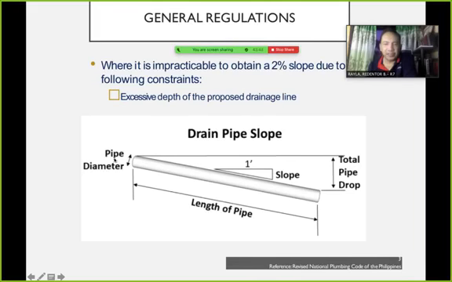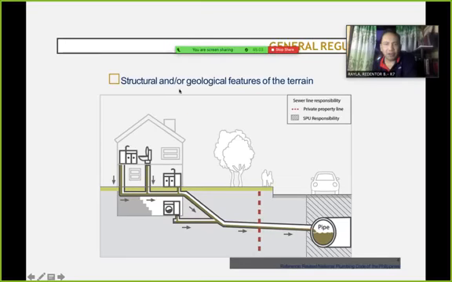It's so steep that you'll no longer have the proper sealing. So this is now the exception to the structural or geological features of the terrain.